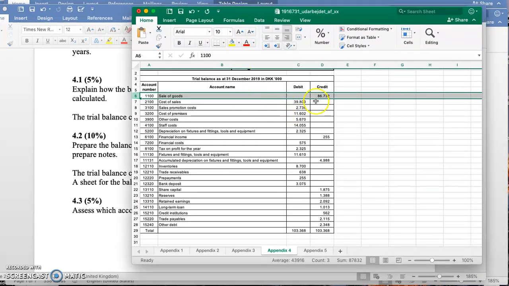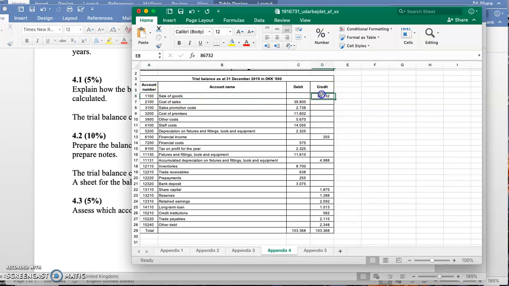Then you need to look into the sale of goods, the revenue that has come into this company. As you remember when we talked about bookkeeping, you give them different account names, and then you can see how much they value.